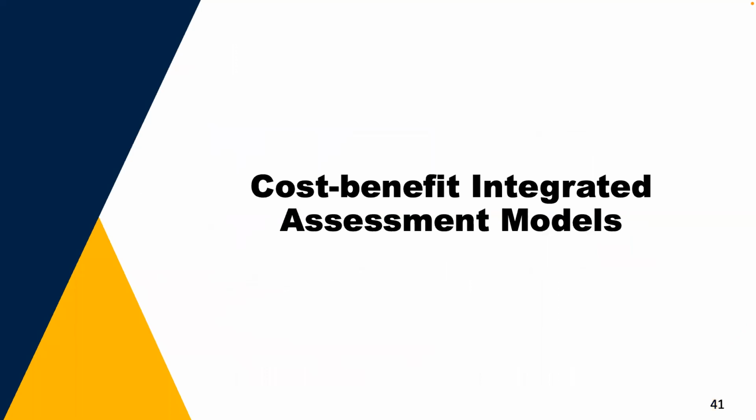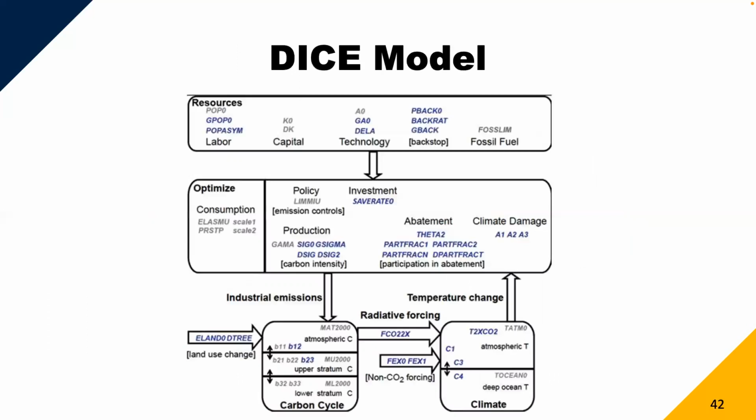Okay, cost benefit integrated assessment models. Okay, so we'll go through these a little bit quicker. So the DICE model: there are all these resources that get optimized into your social set of modeling aspects.